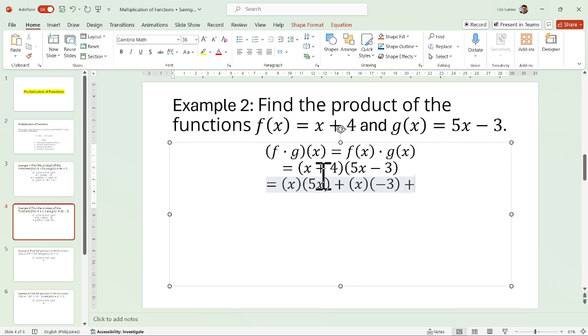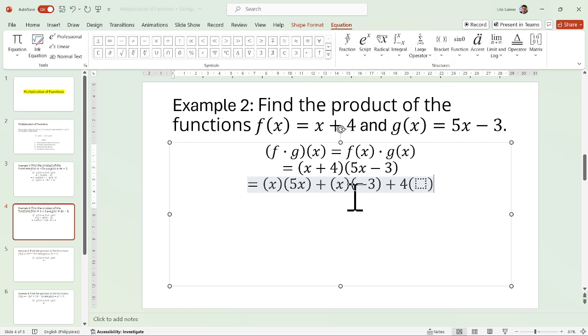each term of the f of x will be multiplied to each term of the g of x. That means we have multiplied first x, the first term. Now let's proceed to the second term of our f of x, which is positive 4. That is 4 multiplied by the first term of g of x, which is 5x, then plus, again, 4 multiplied by the second term of our g of x, which is negative 3.